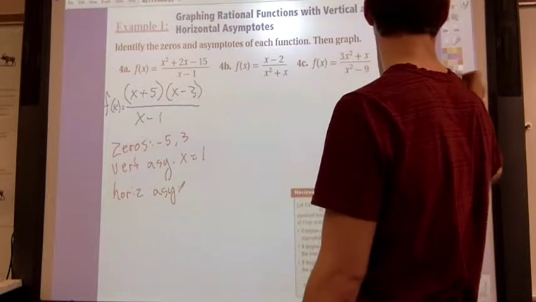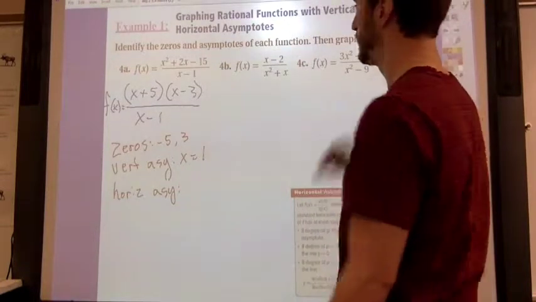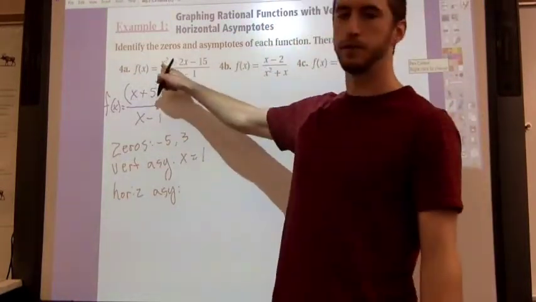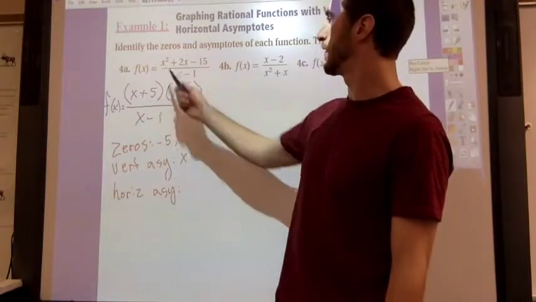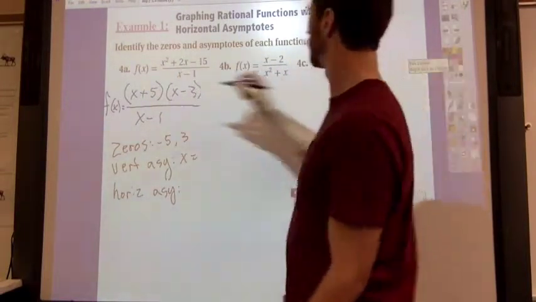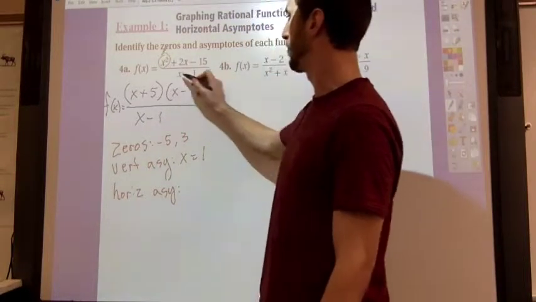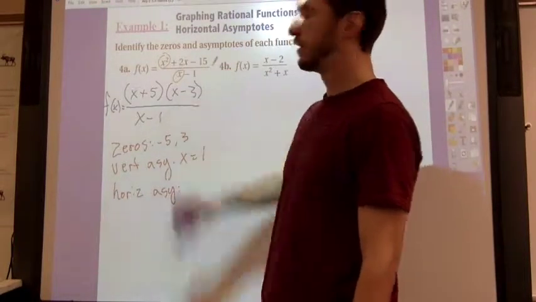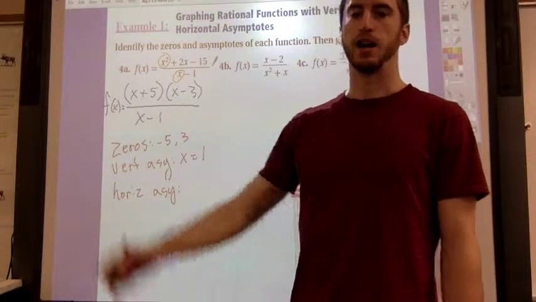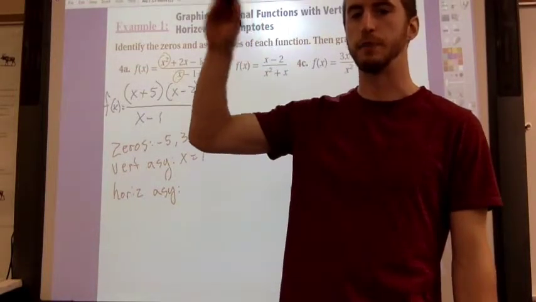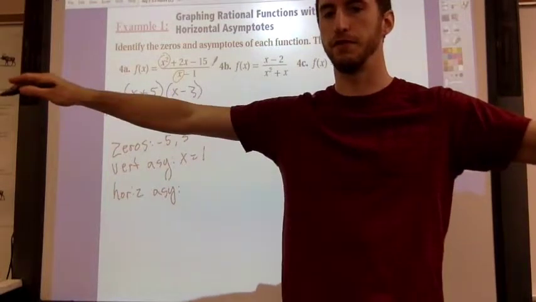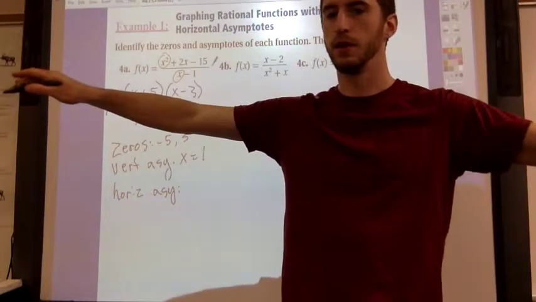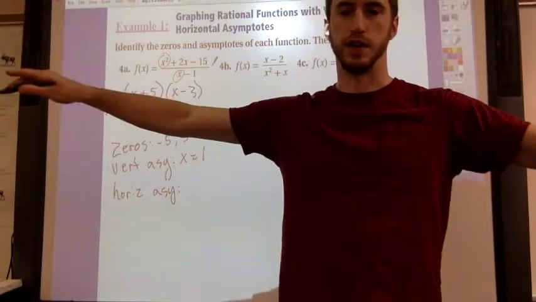Okay, so what we need to do is go back to our original equation and figure out the leading power. So on the top I've got an x squared, and on the bottom I've got an x. So I've got a higher value on the top being divided by a lower value, and as my x values approach infinity, it's not going to stop anywhere.